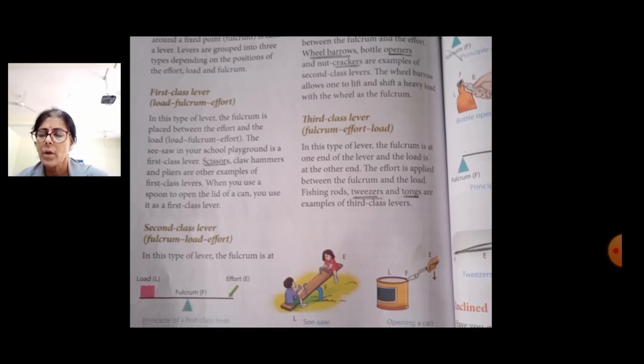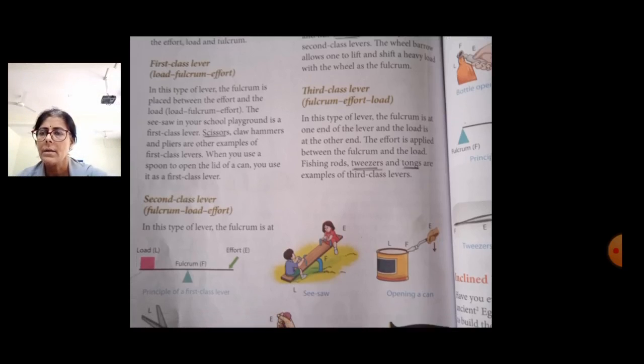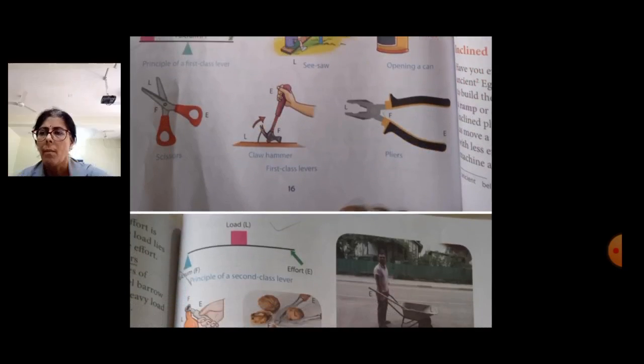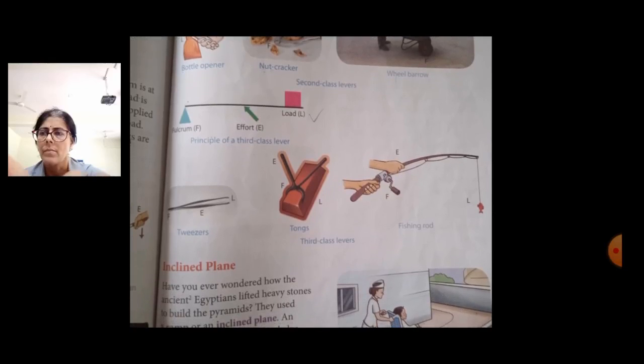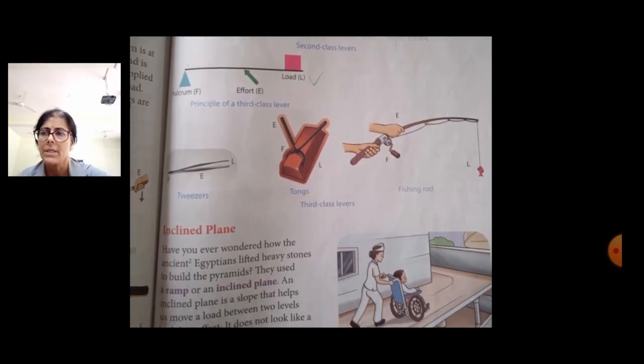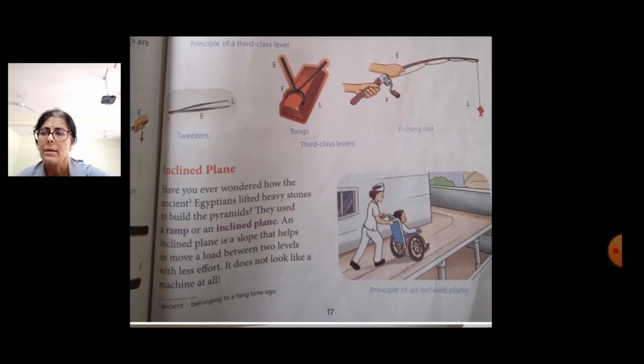Fishing rod, tweezers and tongs are examples of a third class lever. Here are the pictures given on page number 17, the examples of a third class lever.